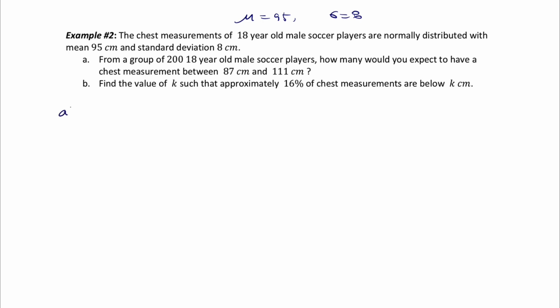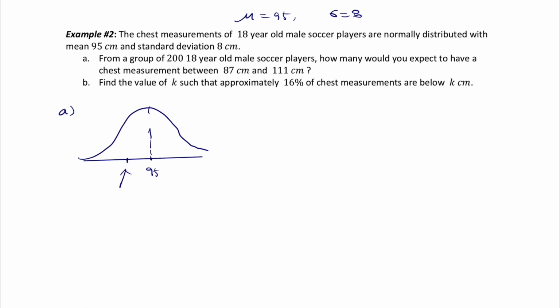So question A, again, let's start with the spread of the data. We know that the spread of data will look like this with the mean 95, right? Then 87 is actually the value for mean minus standard deviation. So 95 minus 8 is equal to 87.